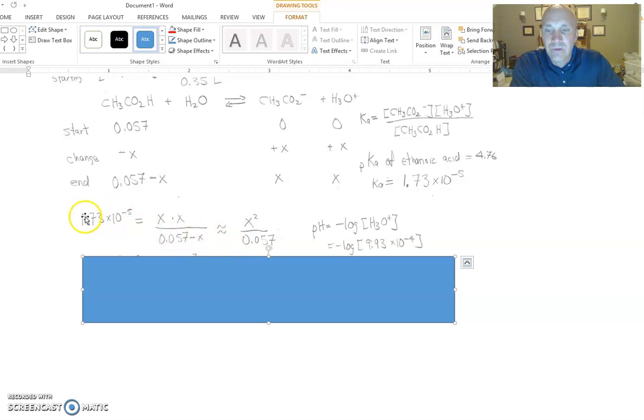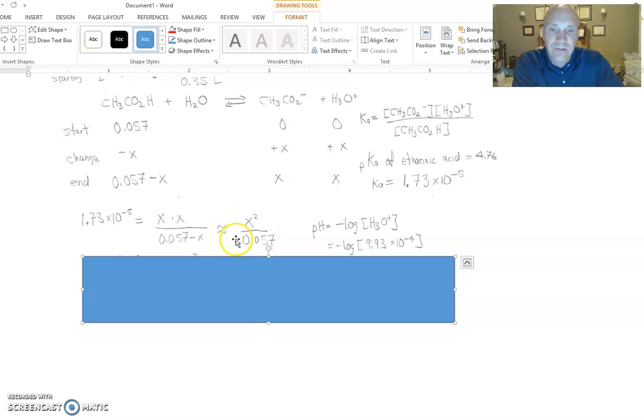And remember, this is a weak acid, and whenever you have a relatively weak acid, with this number here smaller than 10 to the minus fourth, notice that 10 to the minus fifth is a smaller number than 10 to the minus fourth, we can use a little assumption.